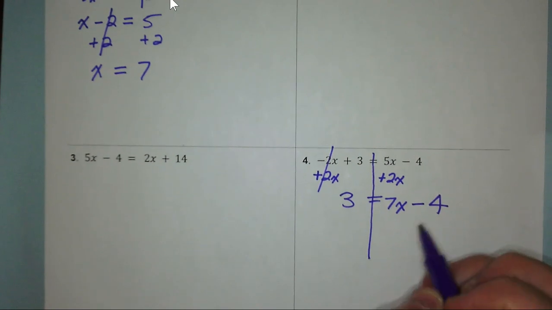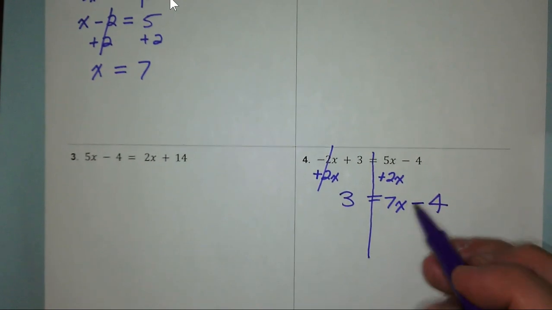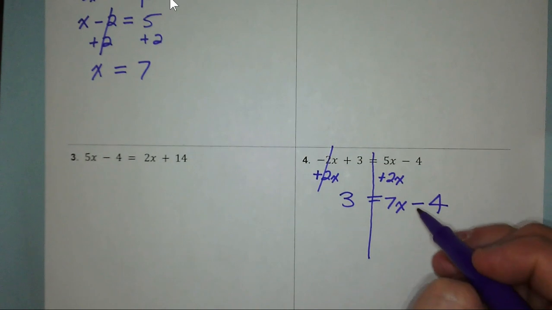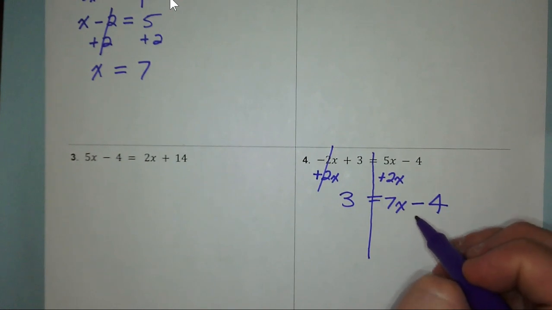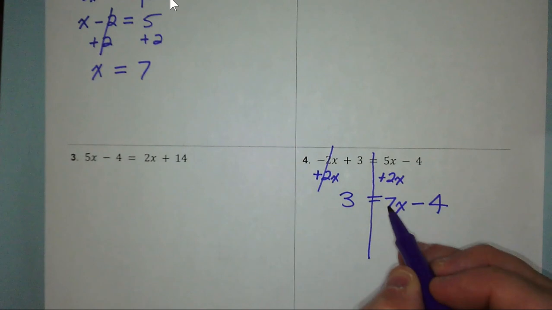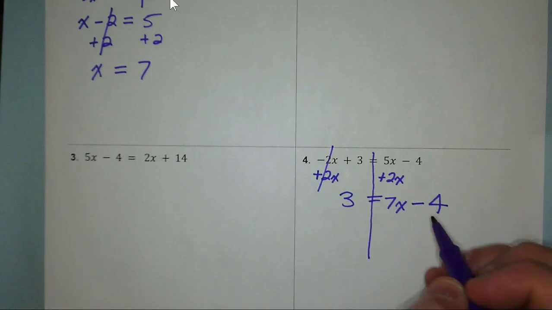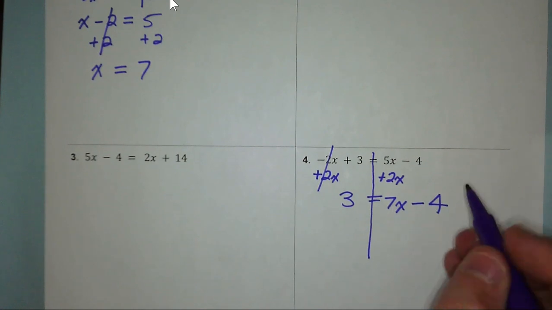All right, Dakaya, now that we have this, we've got to get x all by itself. Now that we only have x on one side, what do we do to get x all by itself? We've got to get rid of the 7 and this minus 4. Which one do you think we want to get rid of first?